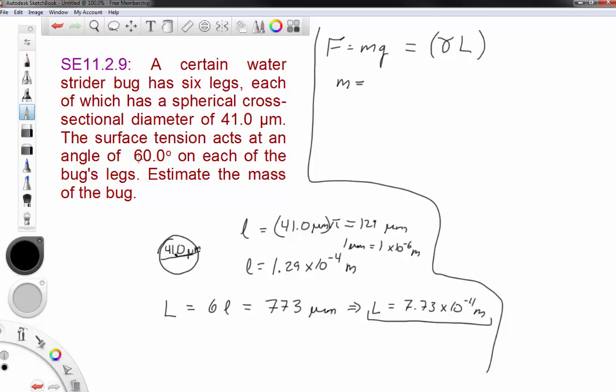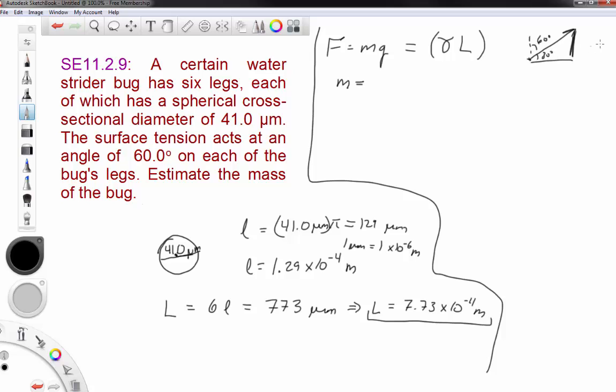This factor is that the surface tension is acting at an angle of 60 degrees on each of the bug's legs. So the surface tension itself is not all acting entirely upward. In other words, if we were going to draw it from the side, the surface tension is acting like this, and this angle here is 60 degrees, and we need to have the vertical component.